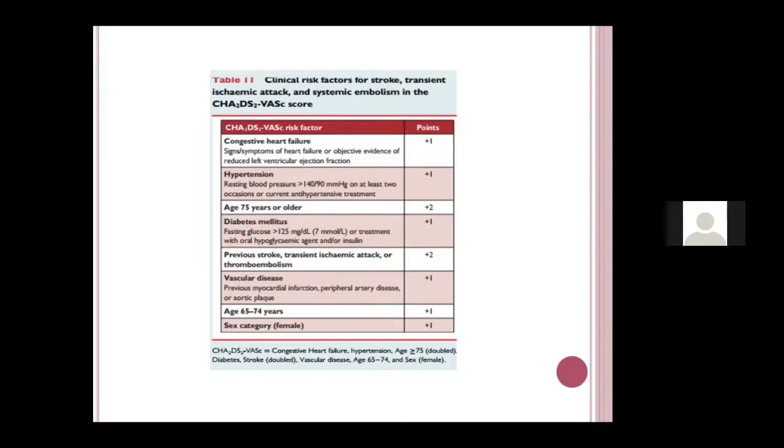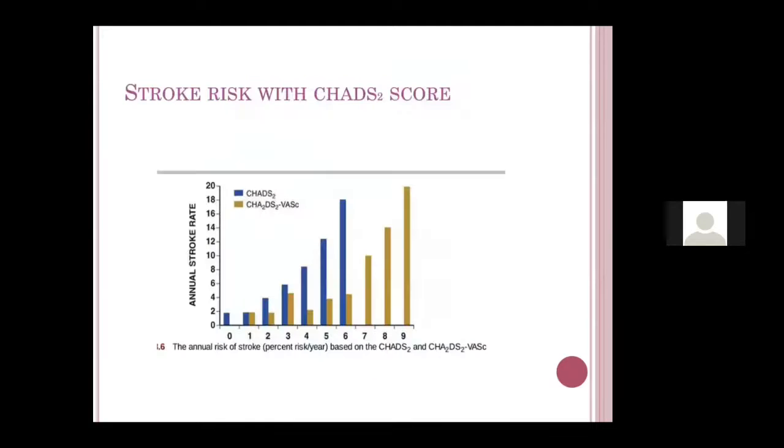And why this CHADS-VASc is important is as the CHADS-VASc score increases, the annual risk of stroke, that is the percentage per year, increases. So we have a total CHADS-VASc which can go up to 9, and you can see the stroke risk is almost 20% per year if you have a CHADS-VASc score of 9, whereas a CHADS-VASc score of up to 2 has around 4% per year risk.